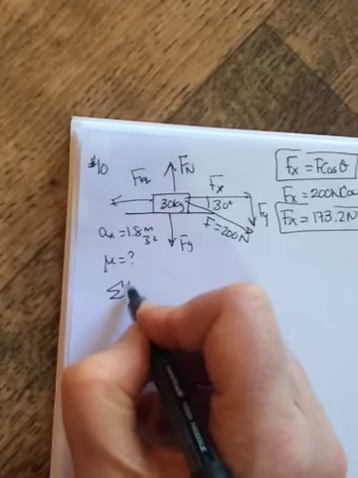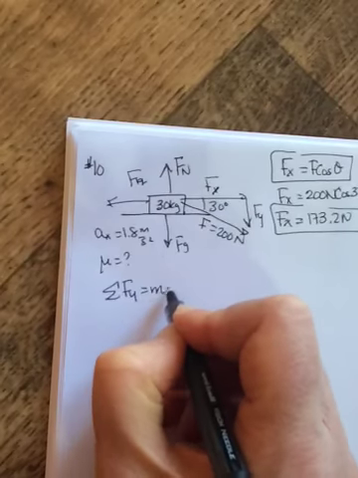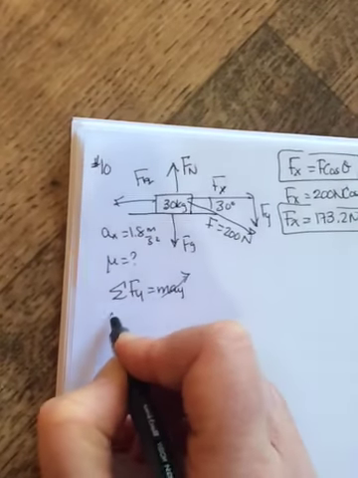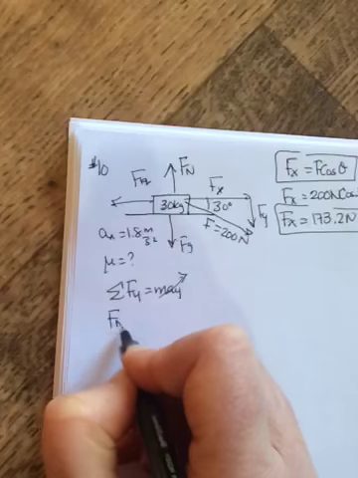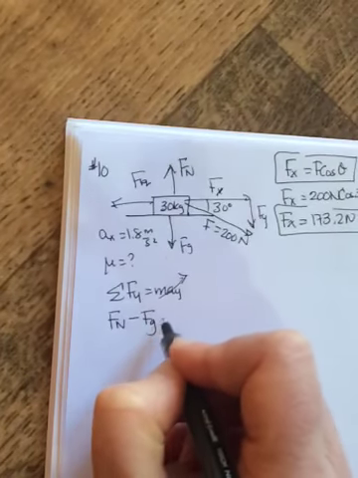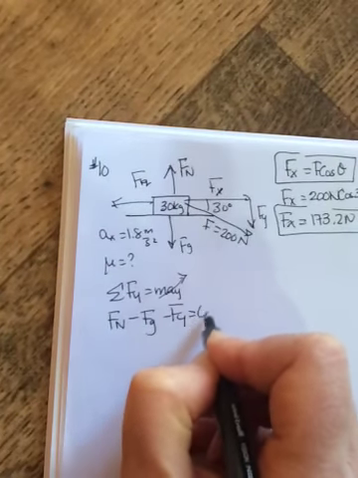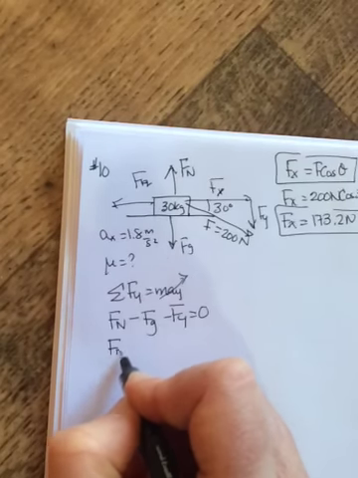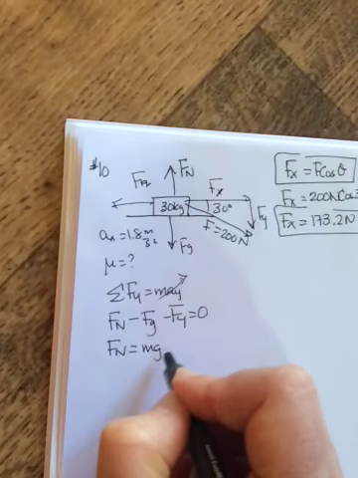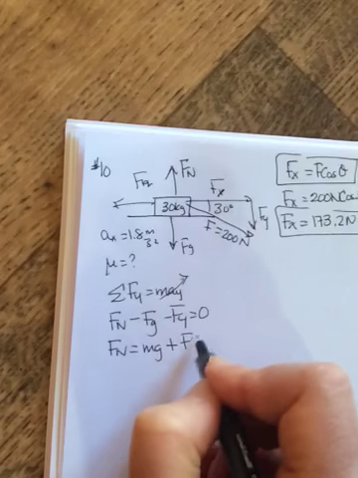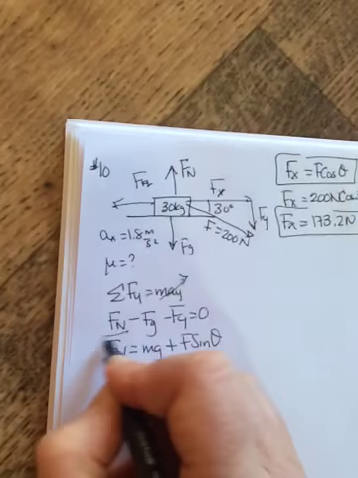Okay, then you go to sum of the forces in the Y is equal to MAY, which goes to 0. So Fn minus Fg minus Fy, because they are both going down. So Fn will equal mg plus F sine theta. And you could either stop here or find the value.